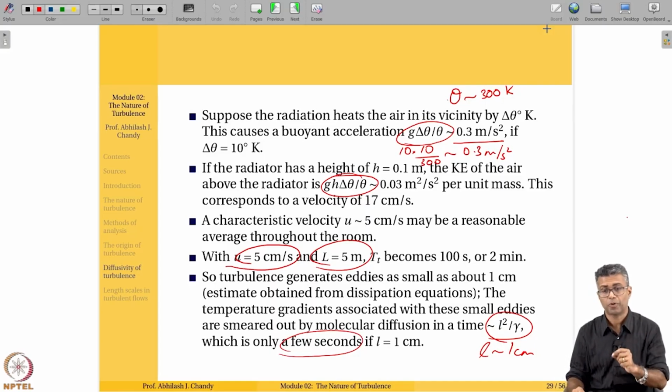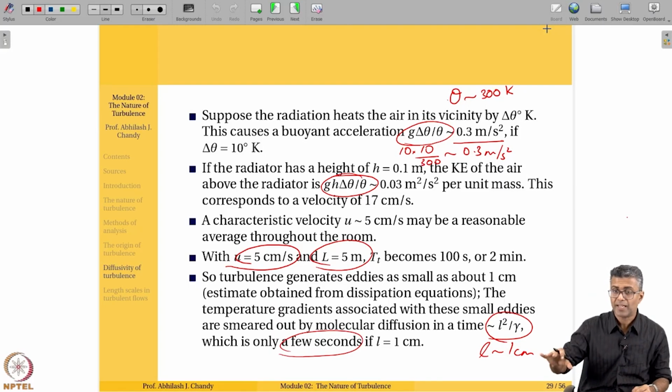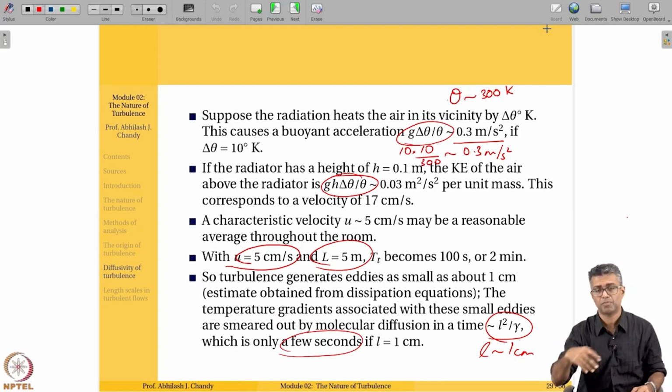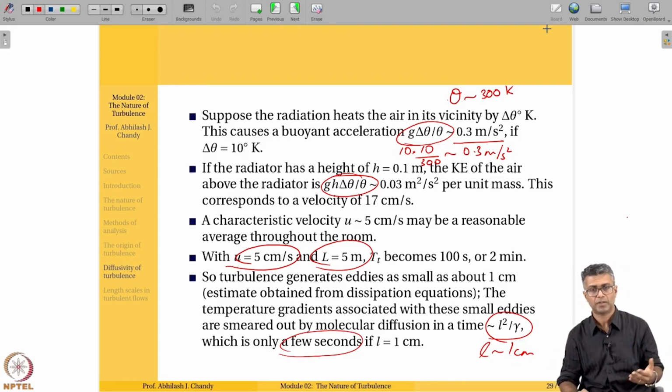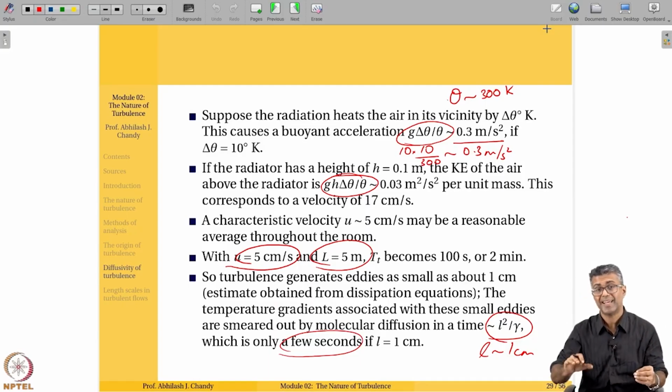One additional point that we made in the last class was that you can have eddies as small as 1 centimeter. The 1 centimeter number comes from other dissipation equations, not shown here, which will be described much later in this class. But eddies as small as 1 centimeter dissipate due to molecular diffusion.